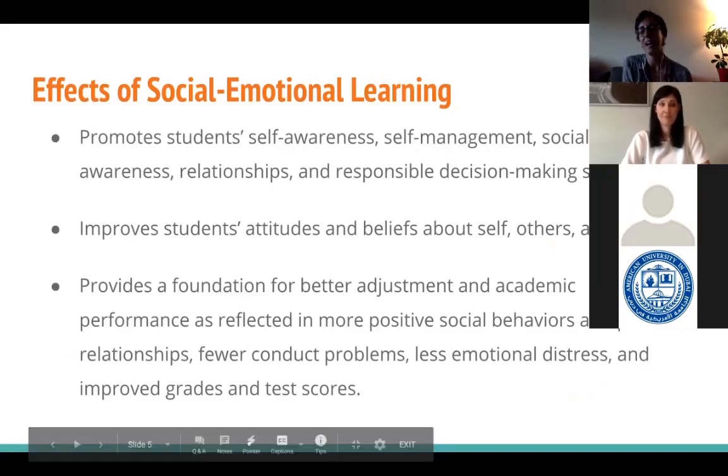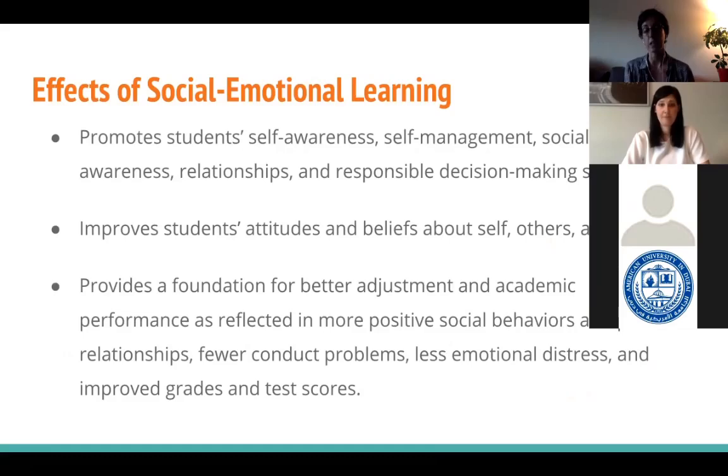There has been a vast amount of research done on social emotional learning and children, and it has been found to promote all of these things. When explicitly taught, students can learn to be more self-aware, manage themselves, have better social interactions and relationships, and make responsible decisions. Social emotional programming has also been shown to improve students' attitudes and beliefs in themselves and the world around them: their selves, their peers, their schools, their community.